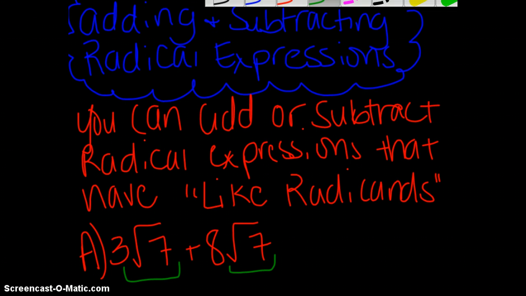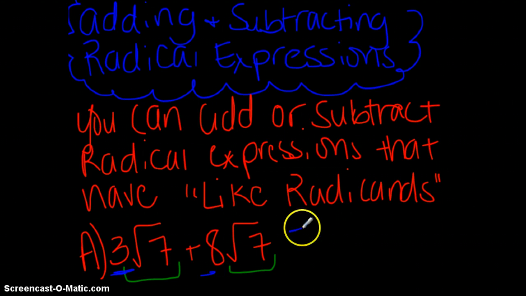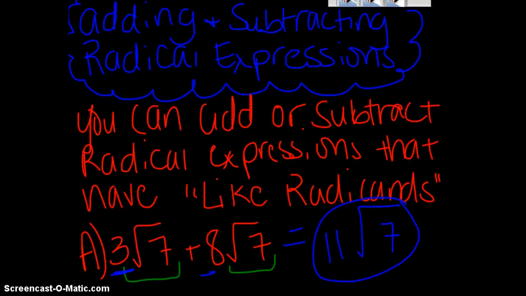So you're going to think about these just like they are like terms. If I had 3 root 7s and I add 8 root 7s, how many total root 7s do I have? Good. If you said 11 root 7s, you are good. 11 root 7s. So you're just basically adding just like you would if they were like terms.